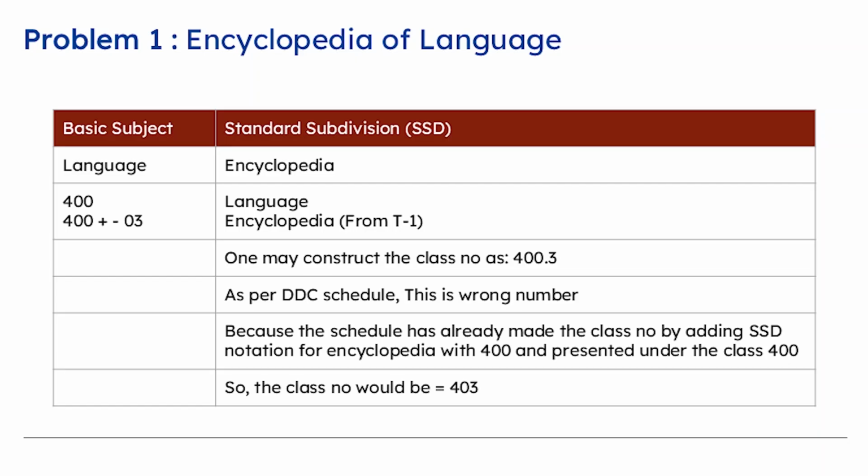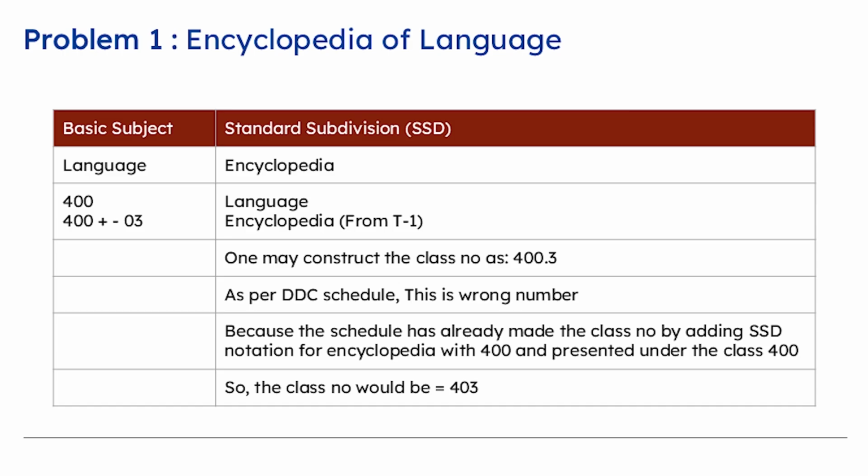So therefore, the table class number -03 is consolidated with 400 and makes the class number 403, meant for Encyclopedia of Language.